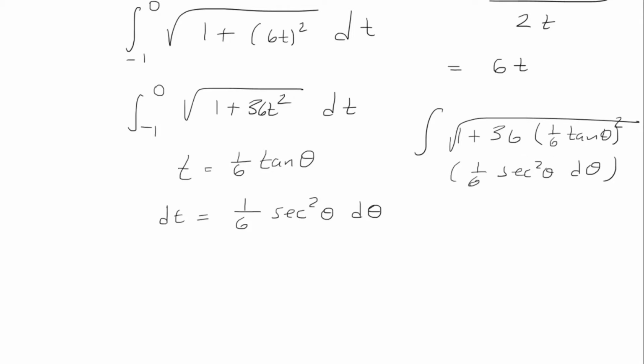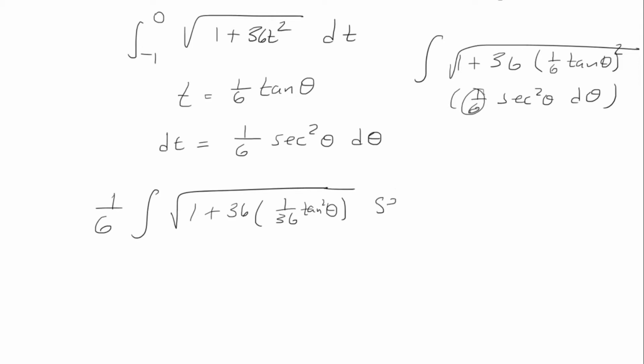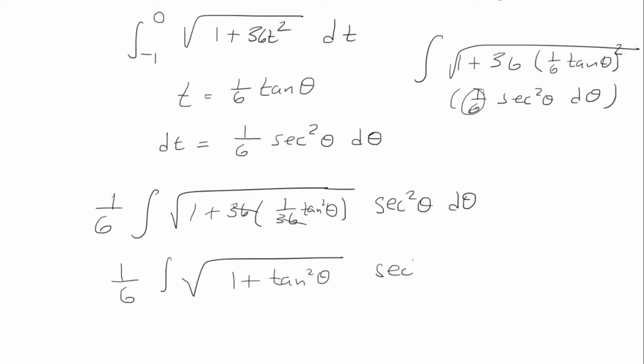Okay. So now let's simplify. I can pull out the 1/6 outside. I have 1/6 tangent squared, which would just be 1 over 36 tangent squared. And then what remains is secant squared. So the 36 is going to cancel. I'm left with 1 plus tangent squared, and then outside is secant squared.